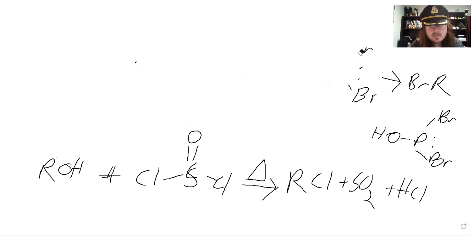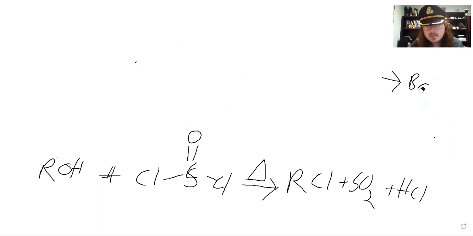But basically, it all comes down to the alcohol acting as a nucleophile to a really strong electrophile. That's pretty much what all of these come down to. Yes, there's a lot of different mechanisms, but the alcohol acts as a nucleophile to a really strong electrophile. We started off with HBr, and the alcohol attacks the hydrogen.